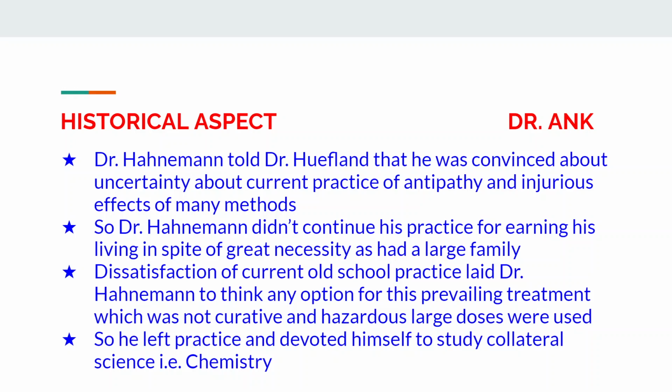An example is chemistry. And all of you are aware that it is said that if Hahnemann had not become a homeopath, he would have become a chemist. So Dr. Hahnemann did extensive translations in chemistry as well as performed various experiments in chemistry.